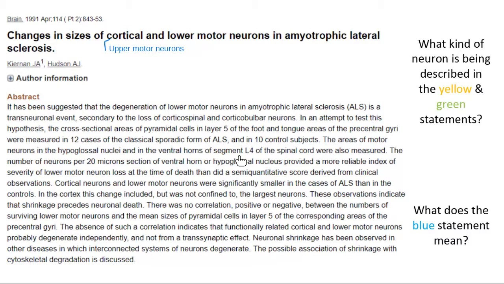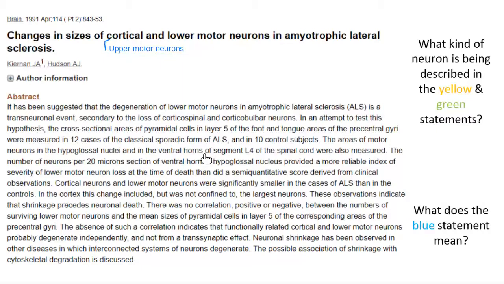Now we're looking at two motor tracts. So remember that motor tracts have an upper motor neuron and a lower motor neuron. When I'm talking about the neurons that live in the spinal cord, so the ventral horns of the spinal cord, was that my upper motor neuron or my lower motor neuron?